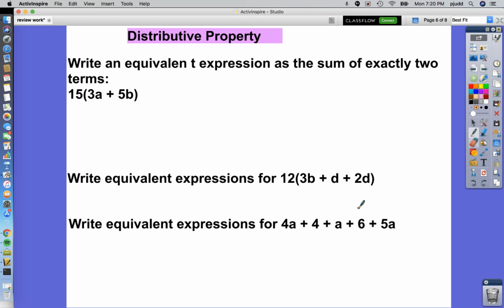Think of all the different ways that you could see these expressions and then include those in your answers. Okay? Pause the video here for about 3 minutes because I think these two you're going to need to think about. And then come back in after 3 minutes and we'll check and see how you did. Okay, pause here and we'll come back shortly.